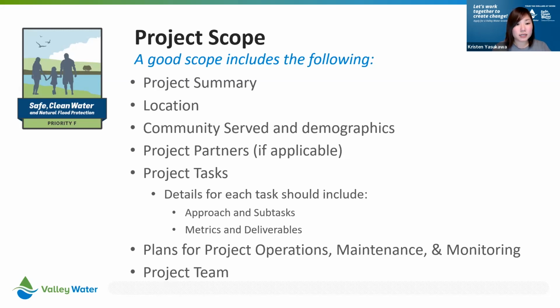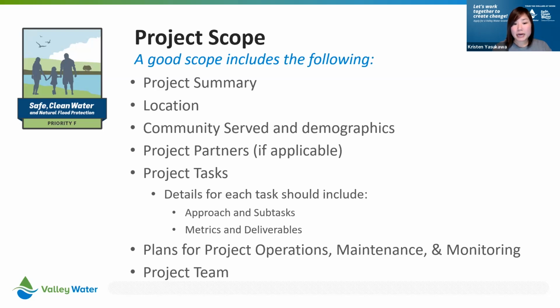What we do strongly encourage is you have your project scope and compare it with the project criteria for the project type you're applying for, and make sure that everything that's listed in the criteria is explained in some way, shape, or form in your project scope.